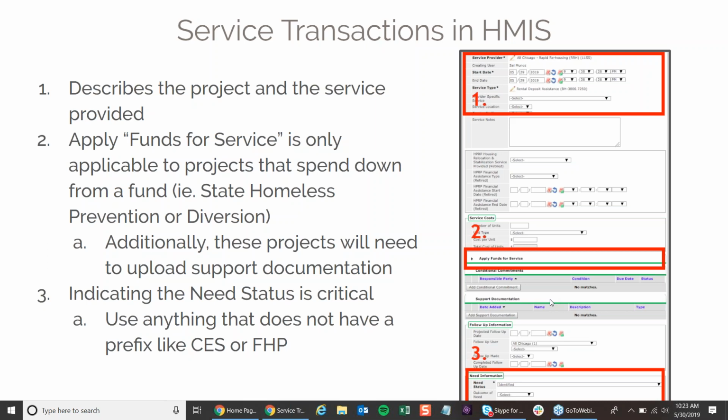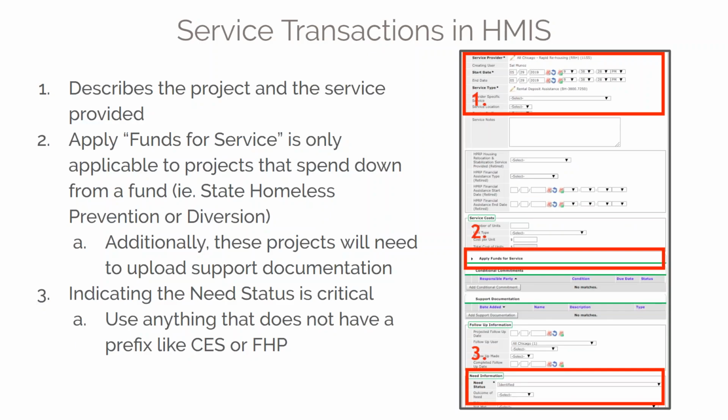I'm sorry, the Catholic Charities would send you a referral, and then you reply to that referral by updating the need status to reflect whether you need a rematch or anything of that sort. That's the use of it for coordinated entry, but in our use, in terms of the service transaction world, you're not going to select anything that has CES or FHP in front of it. That's only reserved for referrals.